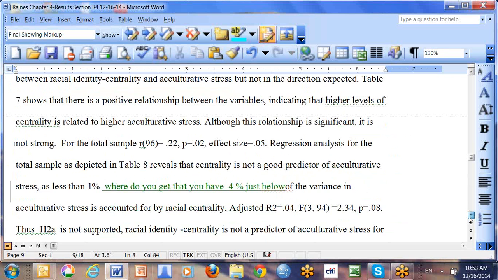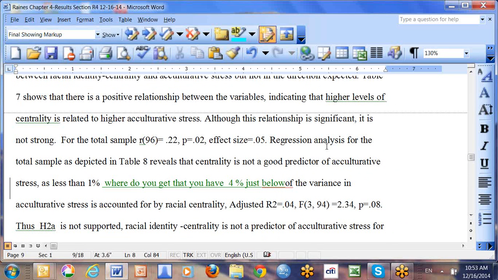There are a couple places here where I'm having a problem. You said centrality is not a good predictor of cultural distress, as less than 1% of the variance is accounted for by racial centrality. My question is, where do you get that? Because the R square here is 4%. I don't know where that less than 1% comes from. Hold on, I might have been referring to, okay, what hypothesis is this?